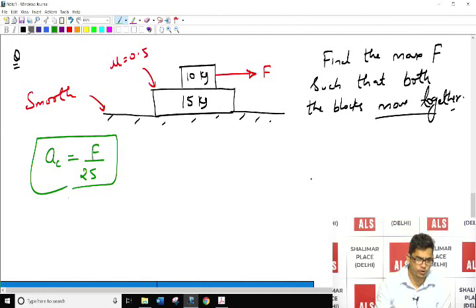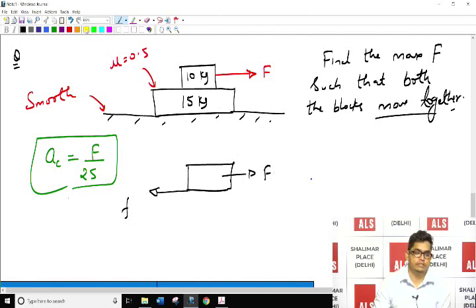Now I told you, find the required friction on the upper block if you have this acceleration. How much? AC. So can I write capital F minus small f is equal to mass of the block into acceleration, AC.